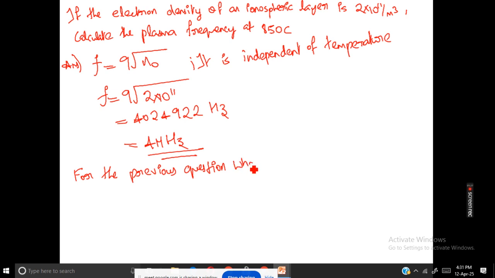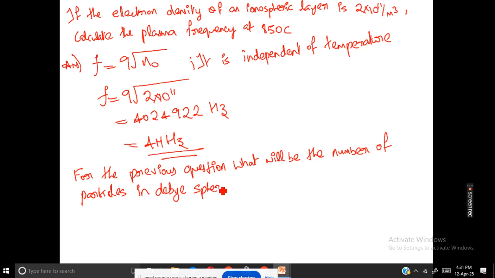For the previous question, what will be the number of particles in the Debye sphere? There is another parameter which is known as the plasma parameter, given by this.